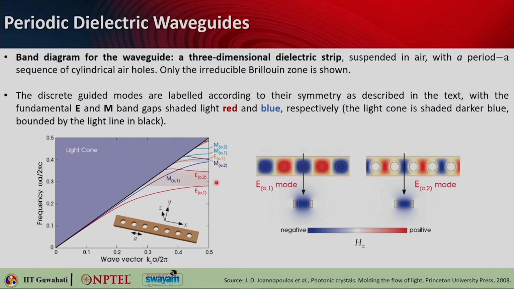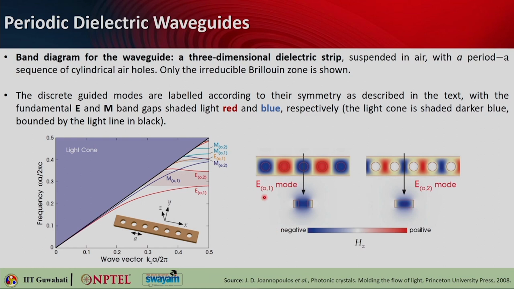You can see these are the different modes which are possible. This is very similar to the band diagram that you saw in the previous lecture, the only difference being that we are seeing it for a particular finite structure like a 3-dimensional dielectric strip, and we are only calculating half the Brillouin zone. So these are the odd modes and even modes.